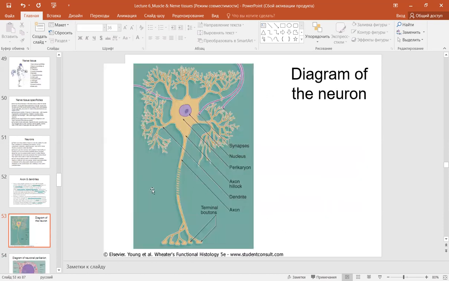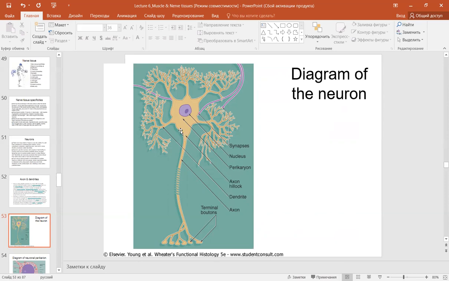Here you have the diagram of the neuron, the perikaryon surrounding the nucleus with a prominent nucleolus and euchromatinized in most of the cases, encompassing active involvement in the synthetic processes. The axon process with terminal boutons.